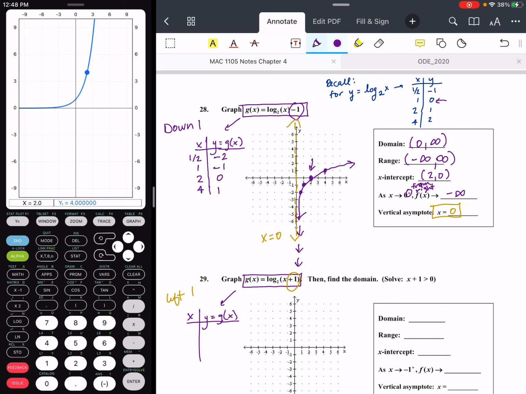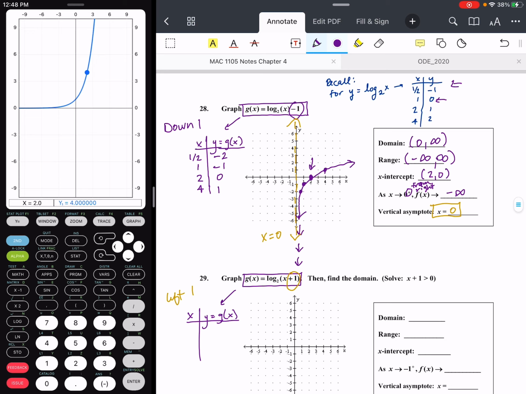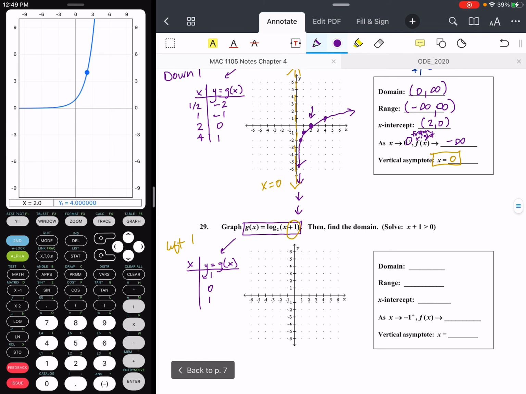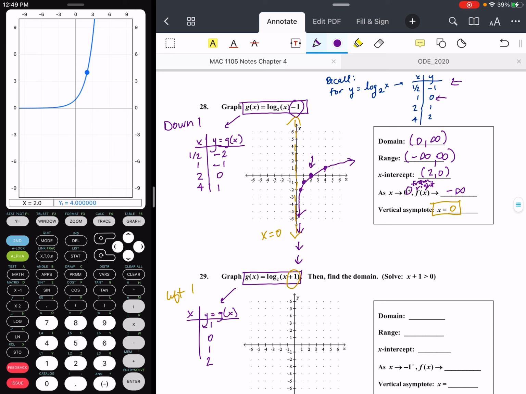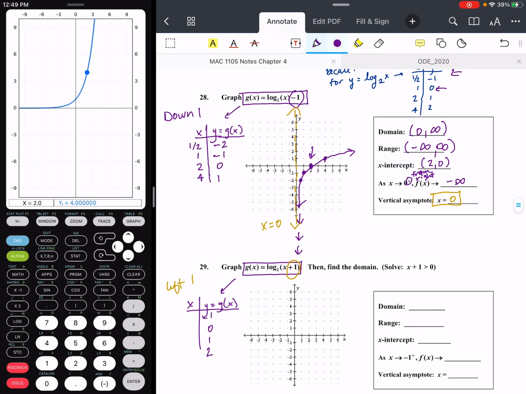So copying from, again, this graph up here, our y values will stay the same, -1, 0, 1, and 2. And then our x values, I'm going to subtract 1. So 1/2 minus 1 gives me -1/2. 1 minus 1 gives me 0. 2 minus 1 gives me 1. And 4 minus 1 gives me 3.